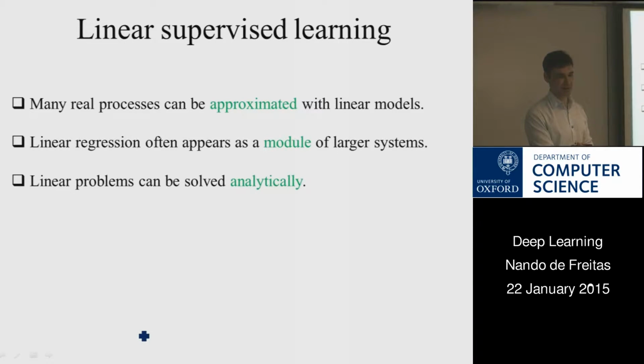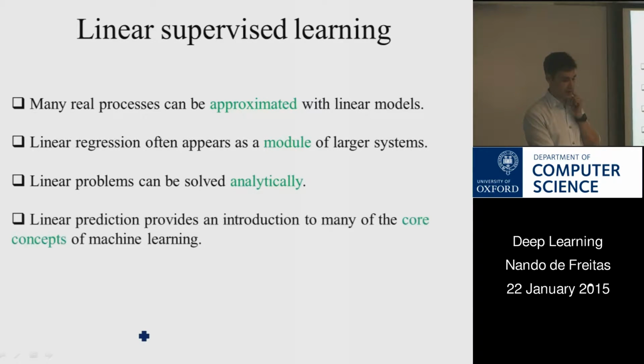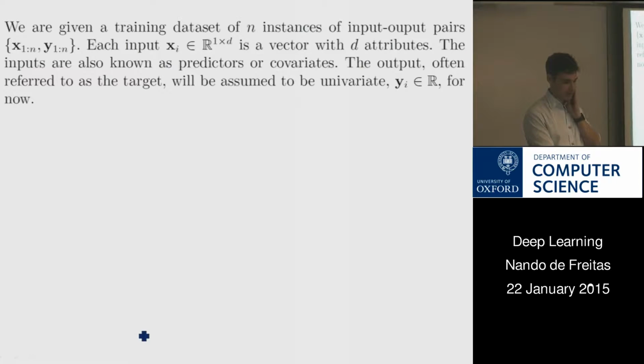All we need is a piece of paper. We don't need computers or computing. Later we will not be able to do things by hand, but the same principles about learning that apply to these models that we will discuss next week apply to nonlinear models. So here, we'll learn the basic concepts.